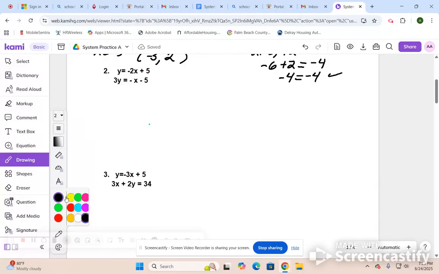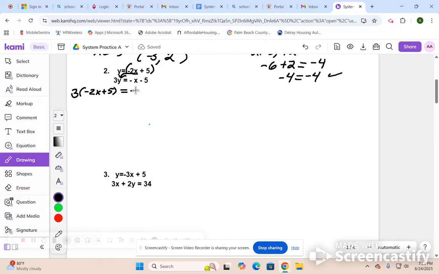Again, we're going to do the same thing. The top one has already been solved for y. I'm going to put parentheses around the y value, and that's what we're going to replace here for y. So we'll have 3 times the value of y, which is negative 2x plus 5, equals, so I took 3 times y, but y is negative 2x plus 5 from up here.